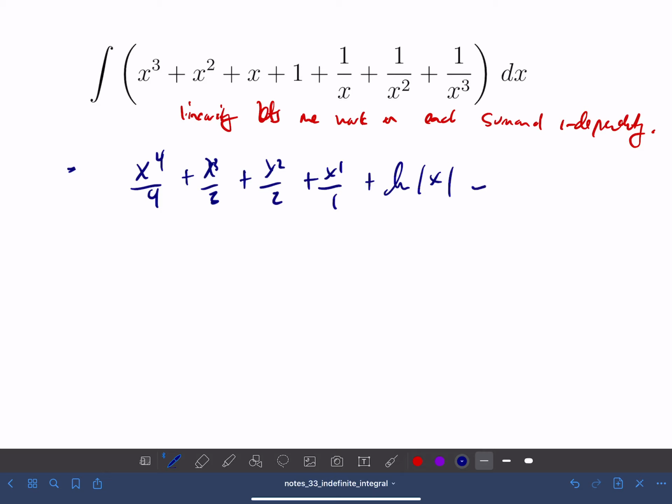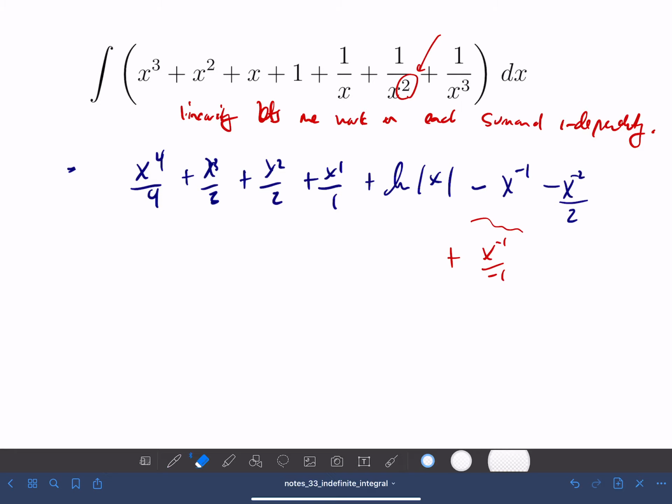Minus x to the minus 1 minus x to the minus 2 over 2. Those ones you might write as like plus x to the minus 1 over minus 1, because I increased the minus 2 right here, right?